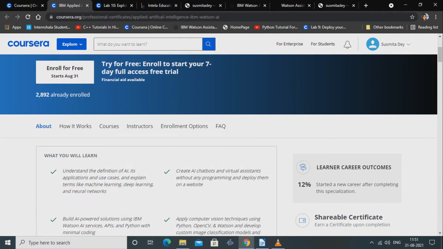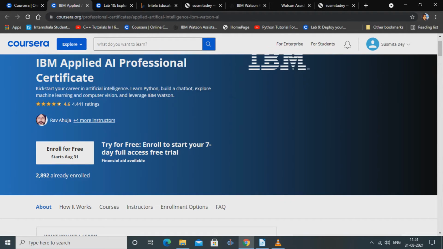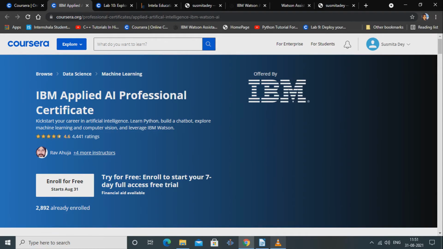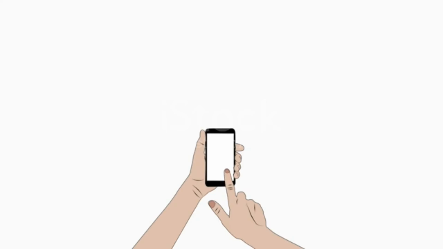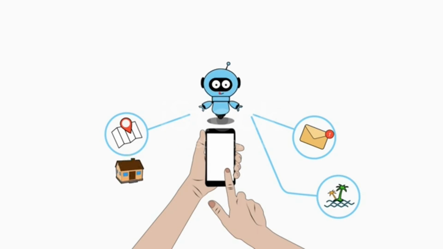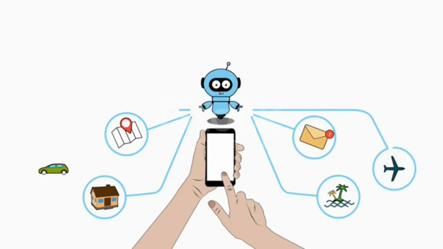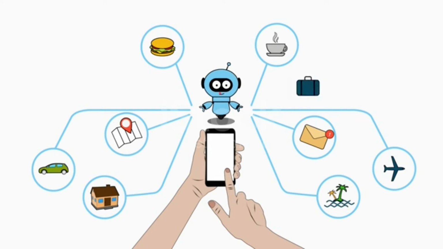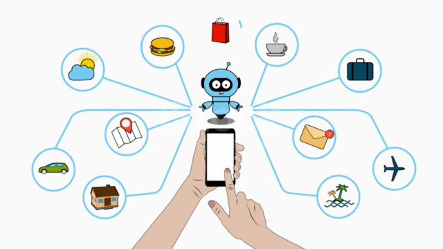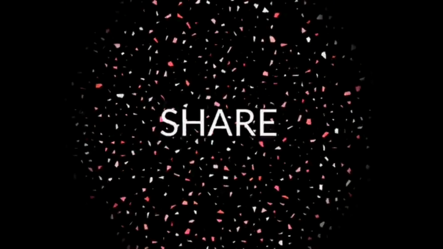Building AI Powered Chatbots is the third course of this full professional certificate course. So I recommend you first complete the first 2 courses and then come here serially. All links will be provided in the description. Just go and check it out and have fun.